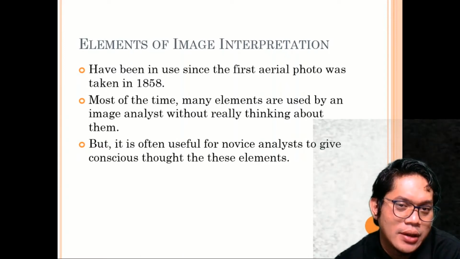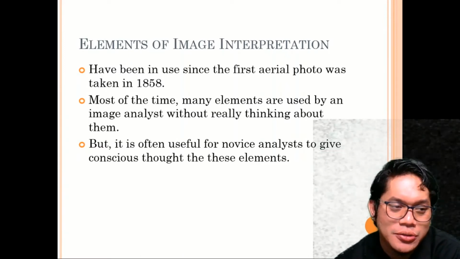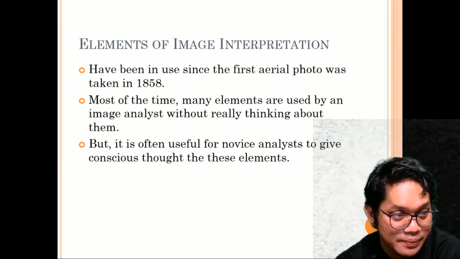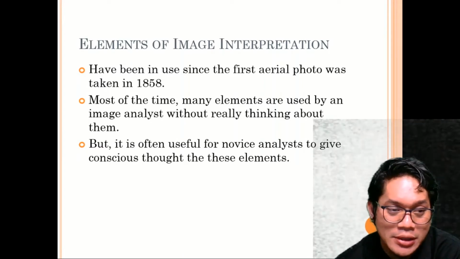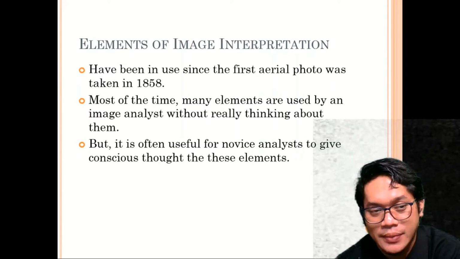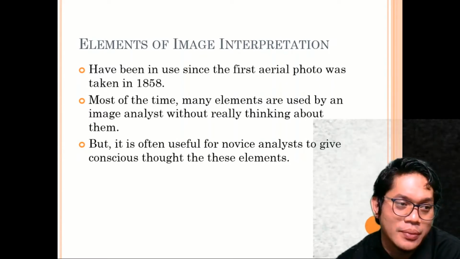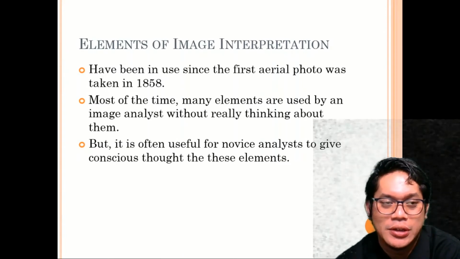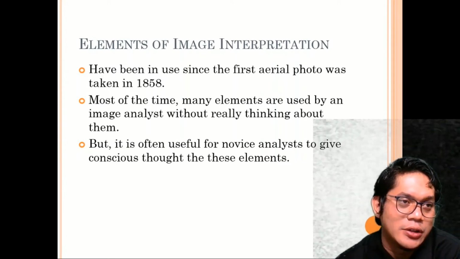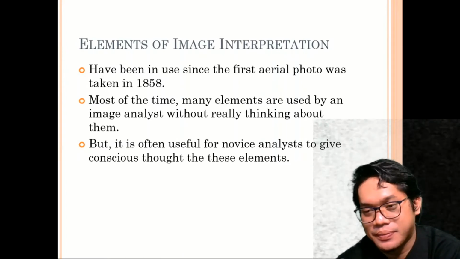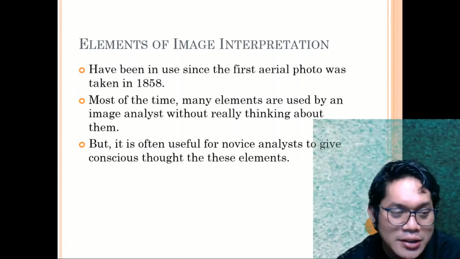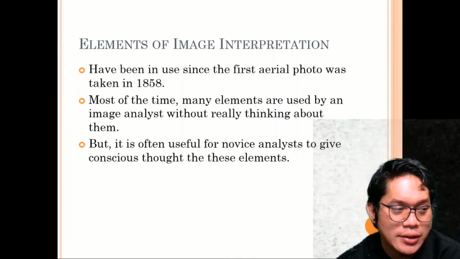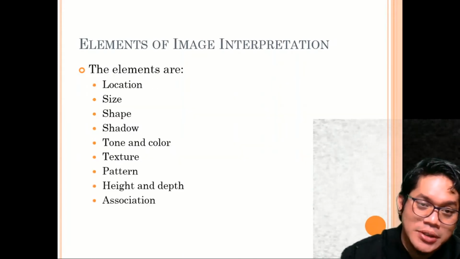So we are trying to look into the elements that are quite obvious and easily detected by our naked eyes, and also it involves some artistic elements, and yet also the knowledge and experience, the familiarity with the objects, in order to identify the objects on the images.